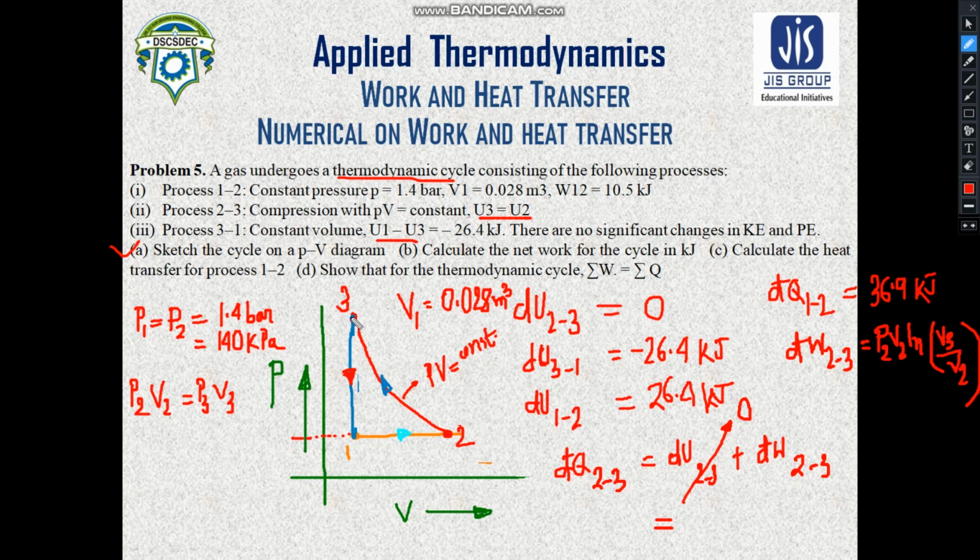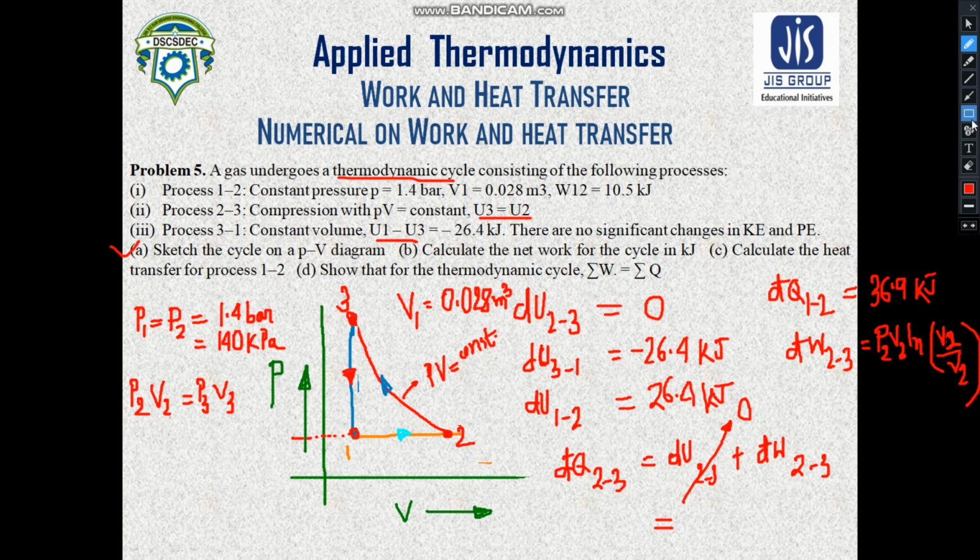We do understand that from the graph V3 is equal to V1. So instead of V3 we can write V1 here so that it becomes easy to understand. Since we know the value of V1, the only unknown which we have presently is V2. So we need to find out V2.